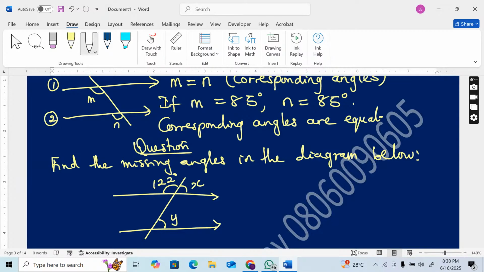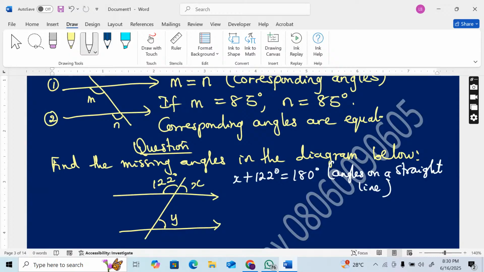So what I'll do to get my value for X is X plus 122 degrees is equal to 180 degrees. Always give your reason in a bracket. The reason is they are angles on a straight line.